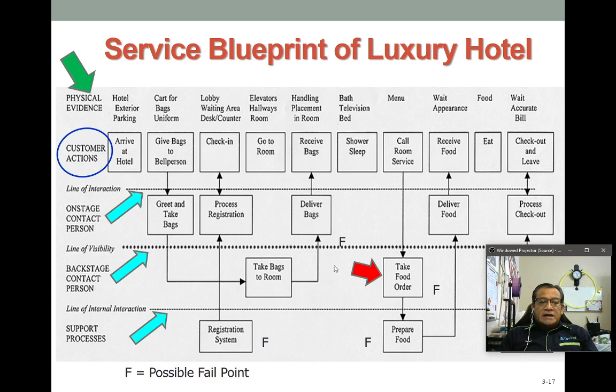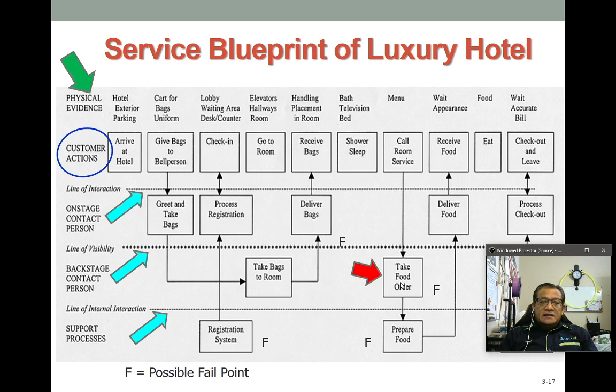From here you could identify or determine which process may fail. So this F is identifying a potential service that could fail, which is perhaps your bag failing to be delivered to your room. Okay, and perhaps in the registration system, F stands for possible fail point. For example, perhaps the computer registration system cannot capture and save your transaction or your record.